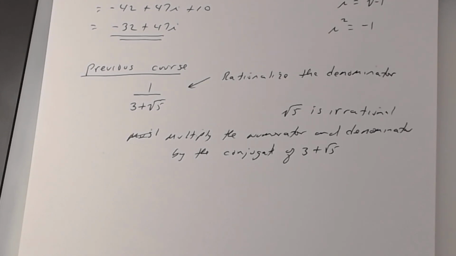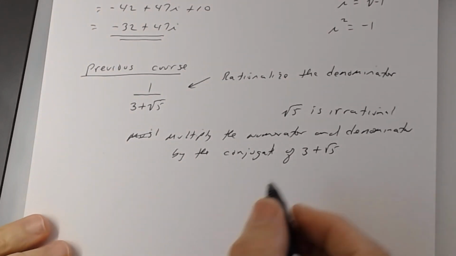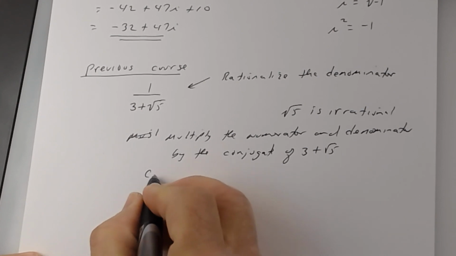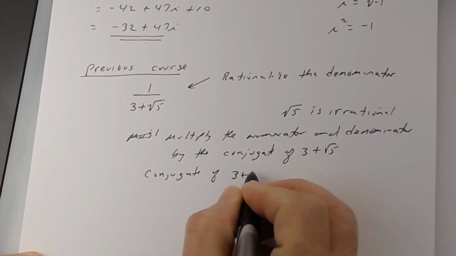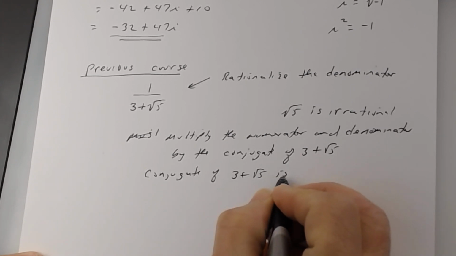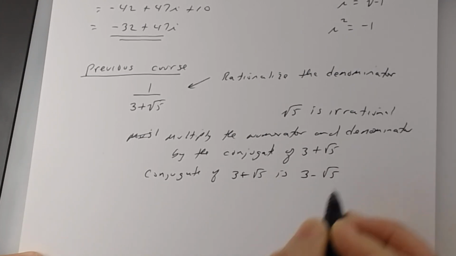It was a while back. Most of you probably forgot, but any of you remember? What do you think? 3 minus the square root of 5. So you just change that sign in the middle. The conjugate of 3 plus the square root of 5 is 3 minus the square root of 5.